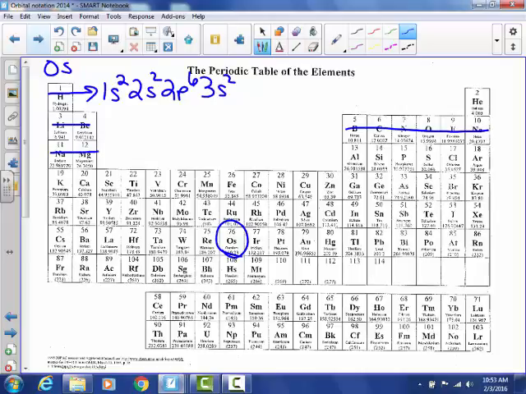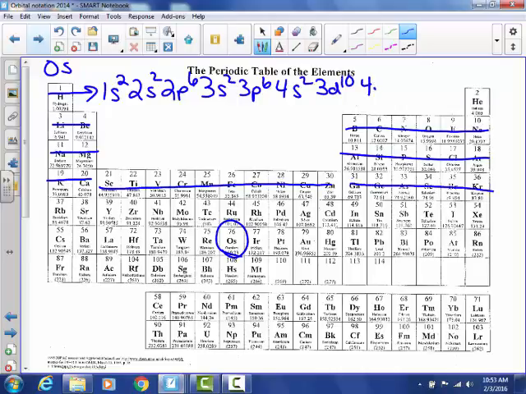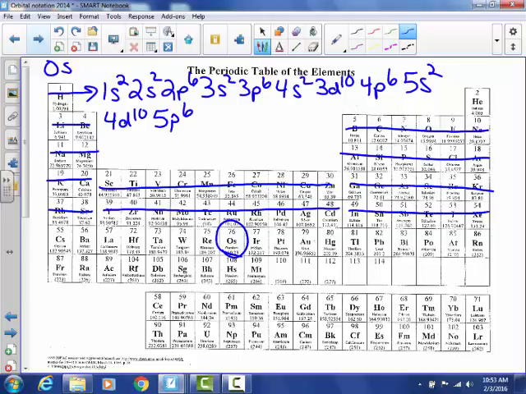I have to go 3s2, then I have to go through 3p6, then I have to go through 4s2, then I have to go through 3d10, then I have to go through 4p6, then I have to go through 5s2, then I have to go through 4d10, okay, then I jump back up and I'm at 5p6, okay, then I'm at 6s2.